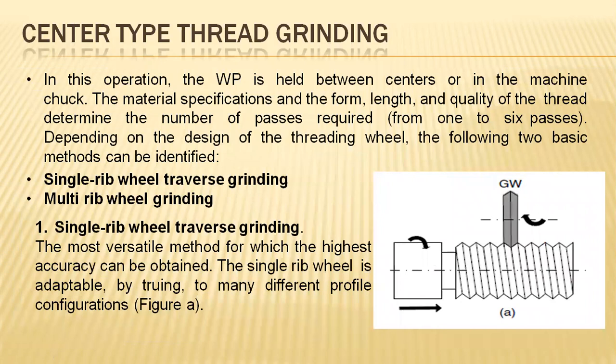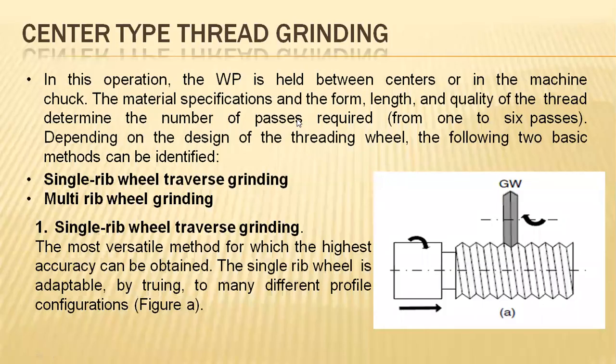It is the center type thread grinding process. Center type thread grinding process in the sense here the work part will be kept on center lines by fixing within the chuck, with specifications such as form, length, and quality of the thread, and whether certain inclinations need to be progressed or not.